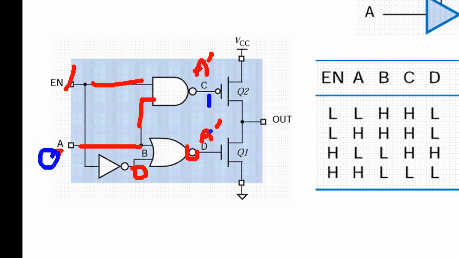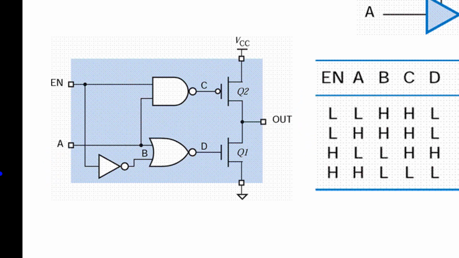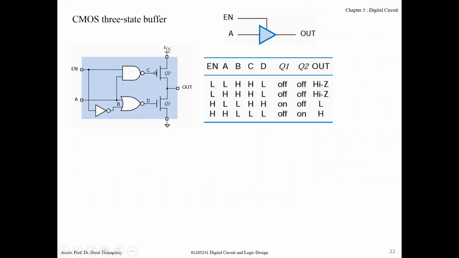A prime is 1, right? A prime is 1, so this one turns on, making the output 0. Oh, the same as A, right? When enable is 1, the output of this buffer will be the same as the value of A. And if A is 1, the output will be 1 also, if enable is 1. Okay, that's all. Very easy.